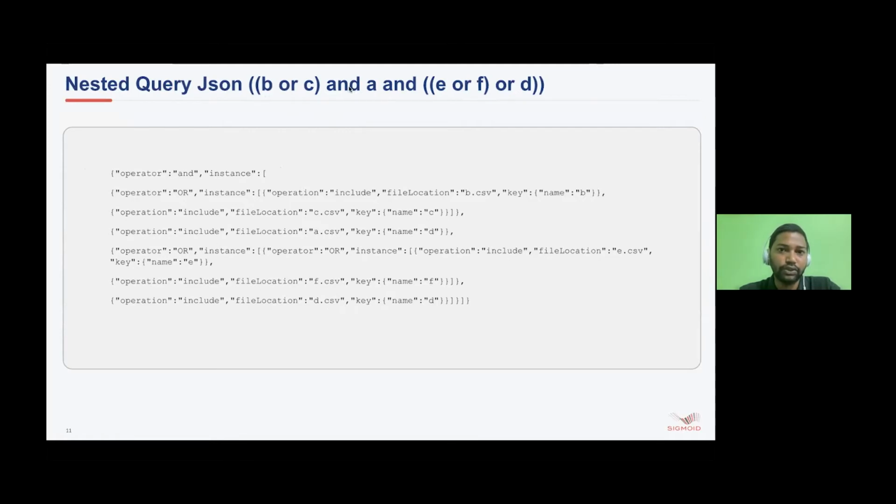In the root we have an operator, which will be and or or, and then we have instances. Instances can be a single filter, like A, or can be a nested filter like B or C, or E or F, or this E or F or D. So this was our offset that we have created.